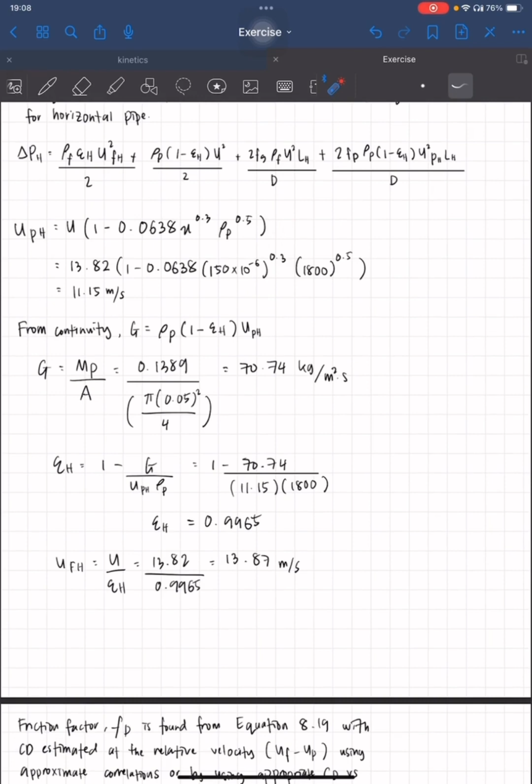And from the continuity equation, we can find the velocity of the fluid, which is our gas, for the horizontal section. So the particle velocity is 11.15 meter per second. Meanwhile, the fluid velocity is 13.87 meter per second.